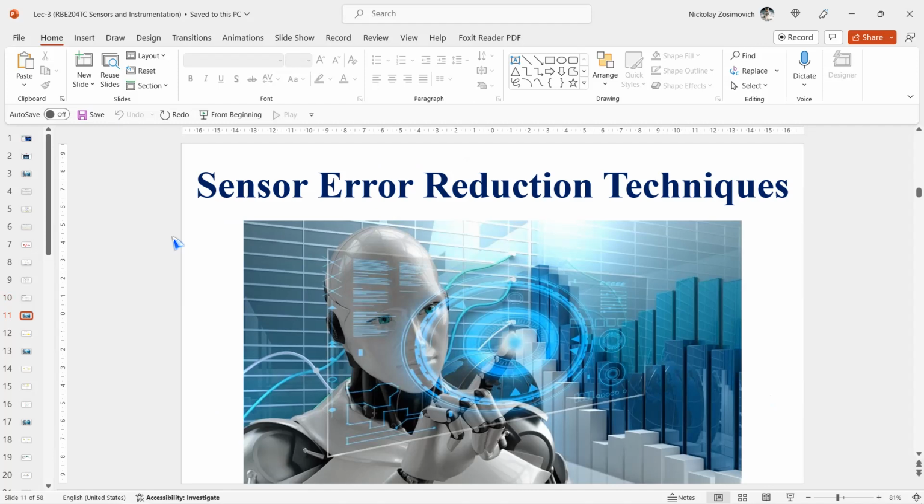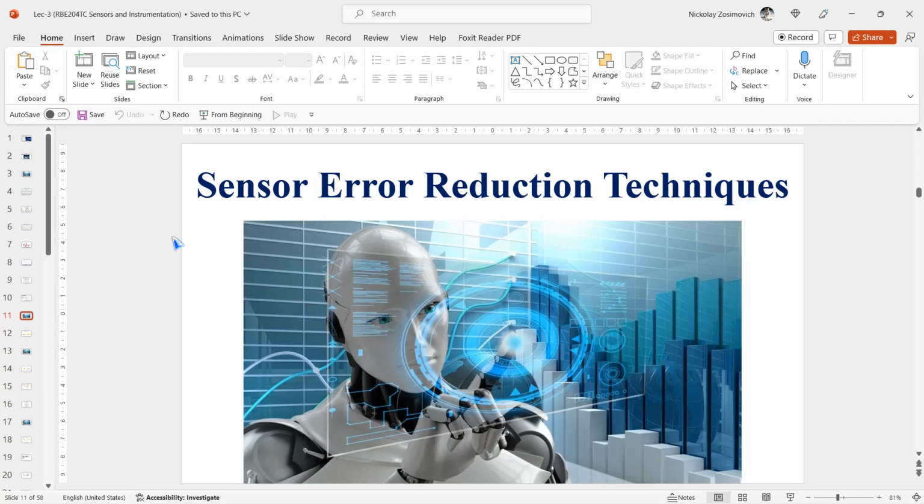And these errors either originate from the system itself, for instance, system noise, quantization, and drift, or are due to the environmental influences such as thermal, electromagnetic, and mechanical interference. Sensor manufacturers try to minimize such intrinsic errors through proper design of the sensor layout and encapsulation.